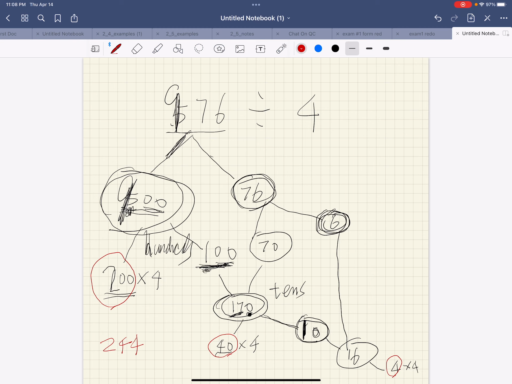This small bag is actually called the dividend. Oh, sorry, I think this is called the divisor. How many divisors can I take out from the dividend? This number is the dividend.